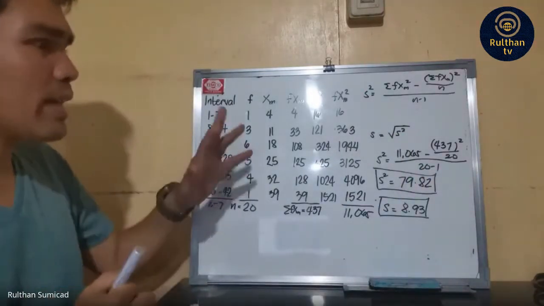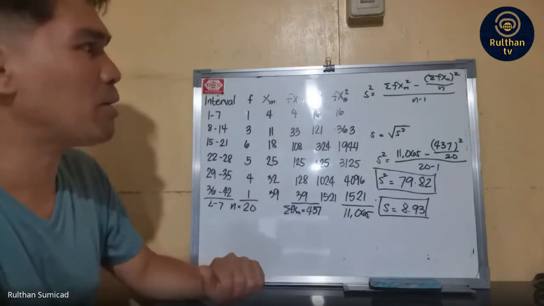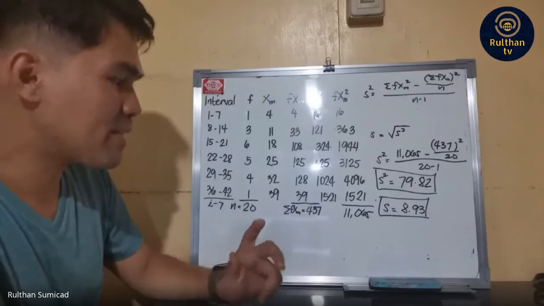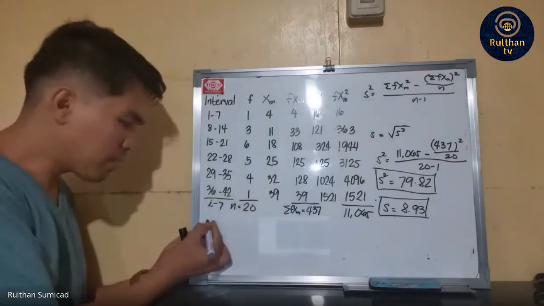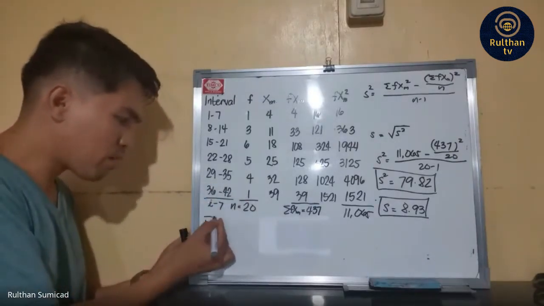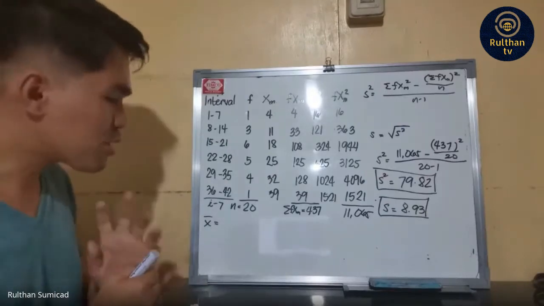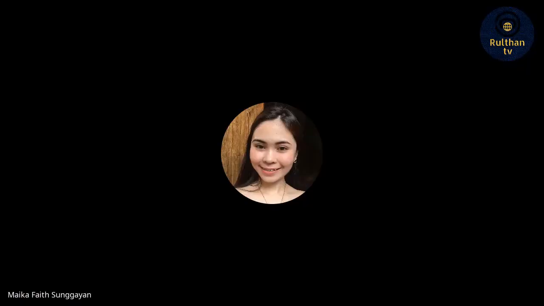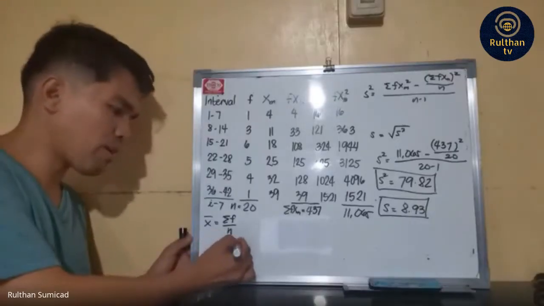So this is one of the methods in how we find the variance and standard deviation of this distribution. But before that, I would like to ask, what is the mean of this distribution? Why don't you start by giving us the formula of the mean, and then the mean of this distribution? That is 21.85.